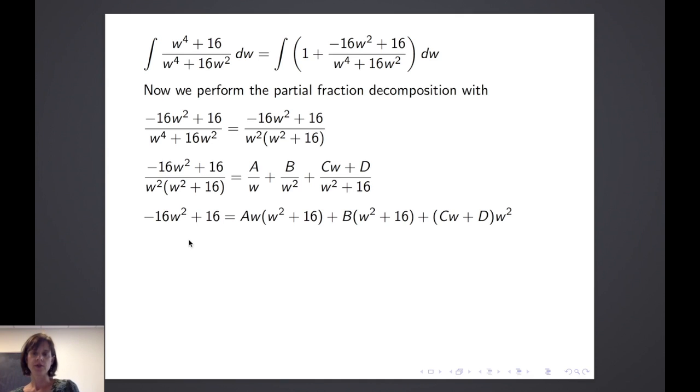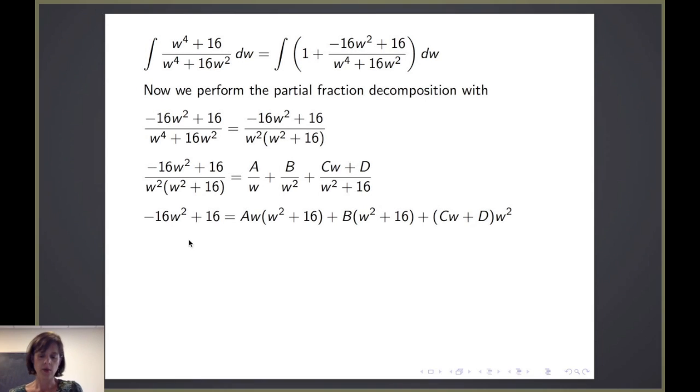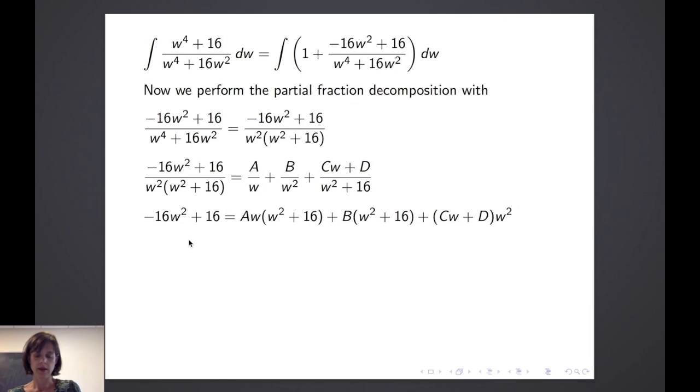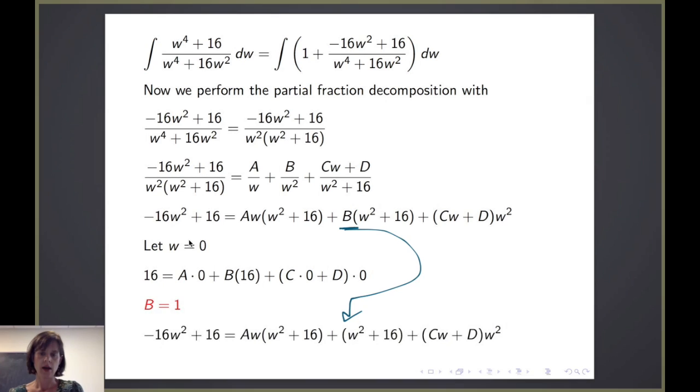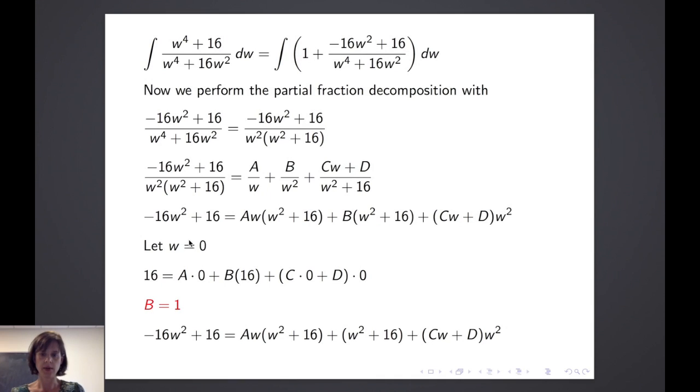So I'm going to first let w equal 0, which will allow this term and this term to drop out, leaving only b times w squared plus 16 on the right and 16 on the left, which will let me solve for b. And I can find that b is equal to 1. When b equals 1 in this equation, I can continue and solve for a, c, and d.